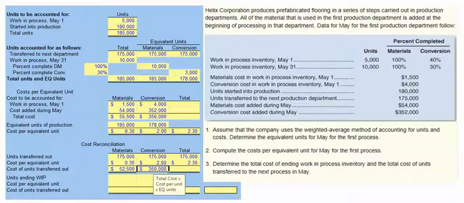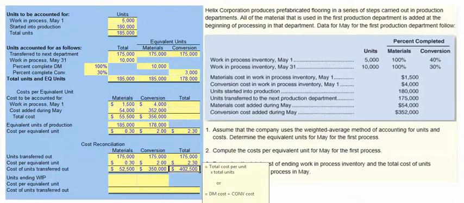We'll multiply our 175,000 units transferred out times our $2 per unit for conversion cost to get a total cost of $350,000 for conversion costs, which means the total cost of the units that we transferred out was $402,500. This is the 52,500 plus the 350,000, or we could have taken our total units of 175,000 and multiplied it by our total cost per equivalent unit of $2.30.